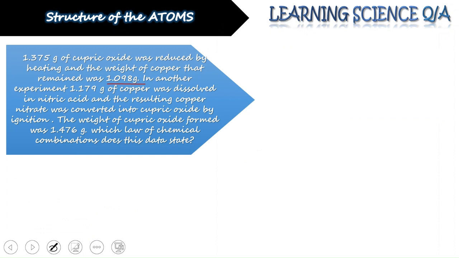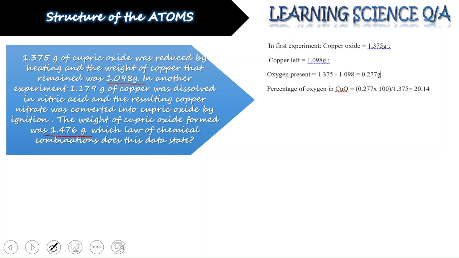Now the weight of cupric oxide formed here is 1.476. Now, is this going with our law of chemical combination? We have been provided with different masses, and whenever you are going to solve any question based on the law of definite proportion, we will always have a compound from two different methods. So now see how we can do these kinds of questions.